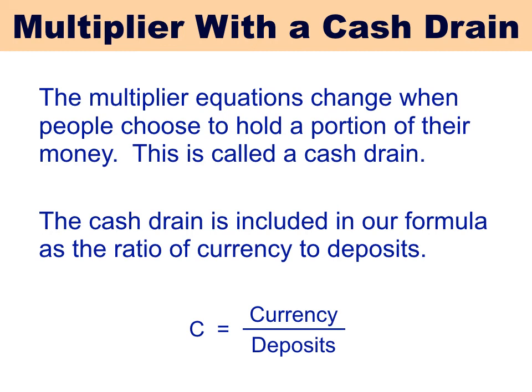Notice the terminology that I am using here. Pay attention to the terms cash drain and currency to deposit ratio. C is the symbol that we use for the currency to deposit ratio. And it is equal to currency divided by deposits. That is the ratio. That's exactly what our ratio is.